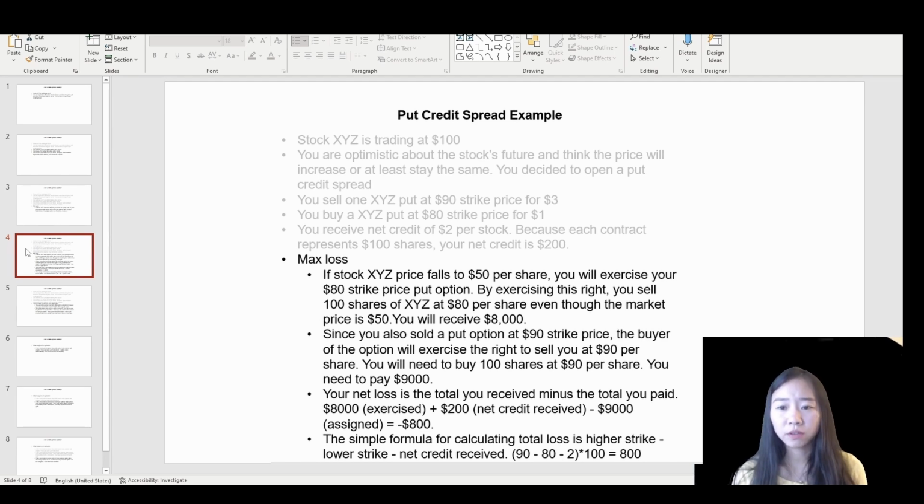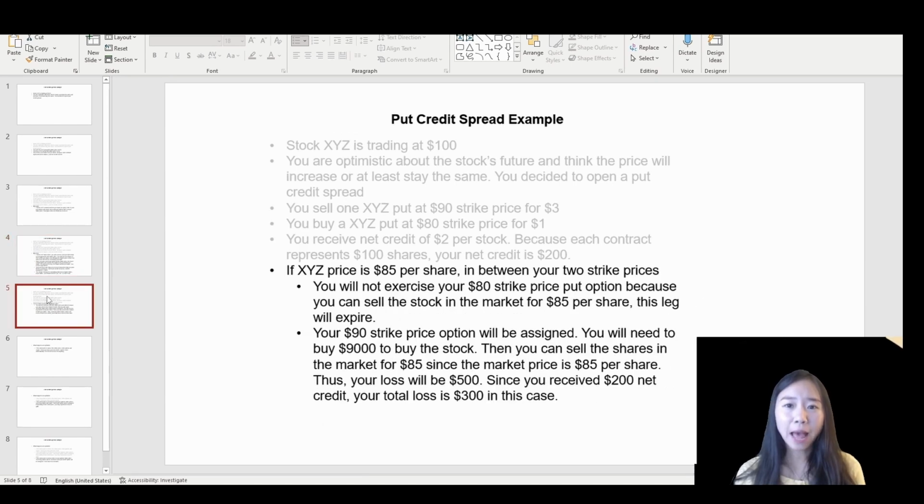You can also use a very simple formula to calculate the total loss, which is the higher strike price minus the lower strike price minus the net credit that you received. But I wanted to go over this example so you can logically understand what is happening. So what happens if the stock price is in between your two strike prices?